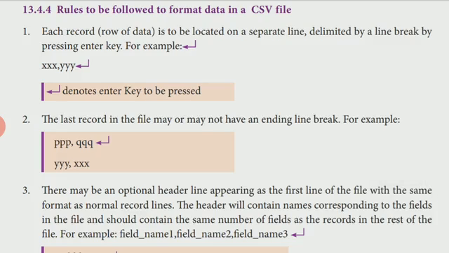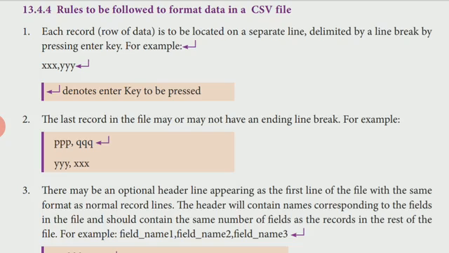What are the rules you have to follow to format the data in the CSV file? First one is, each row will be considered as a separate line. So in a notepad, if you type one line, that line will be considered as one row.